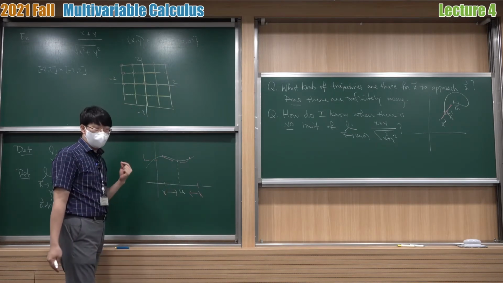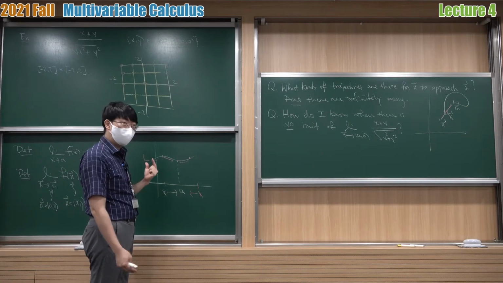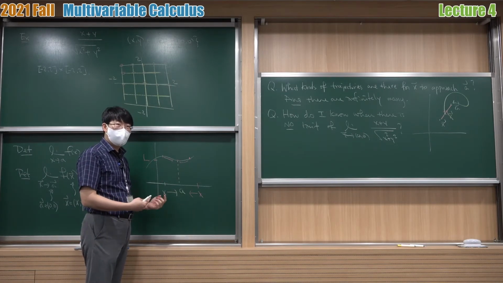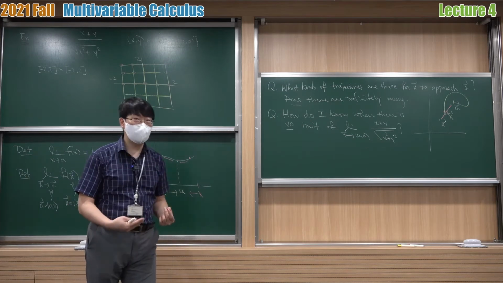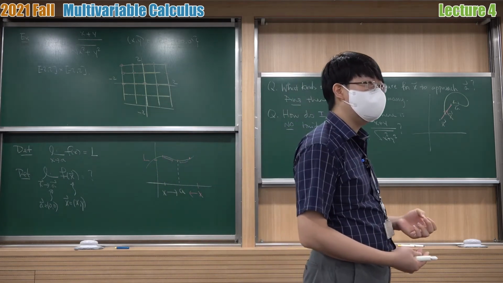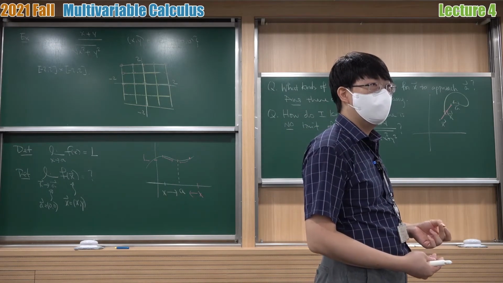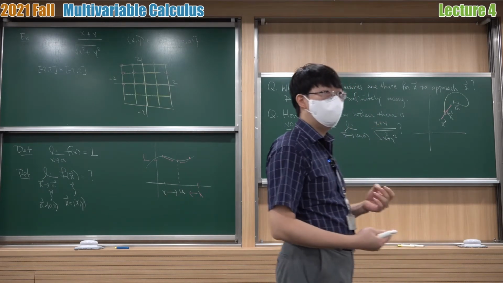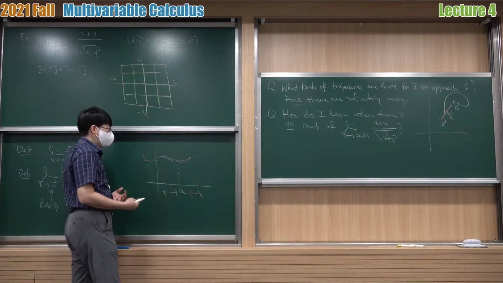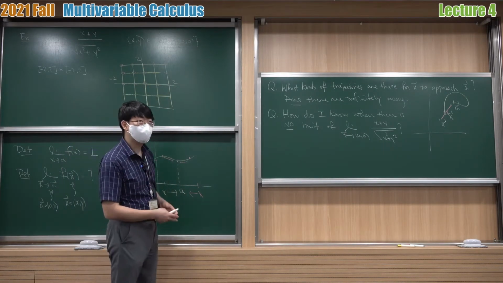So one possibility is divergence, and the other possibility is when both sides are different: if the left and right limits are different, then you say there's no limit.